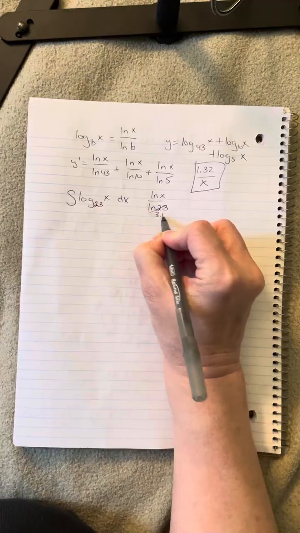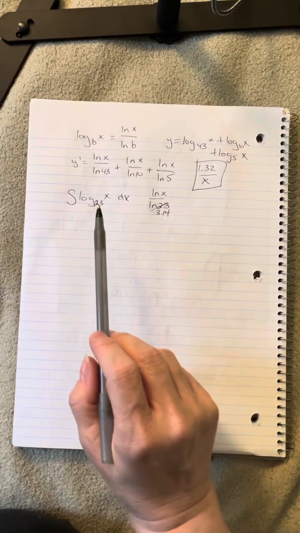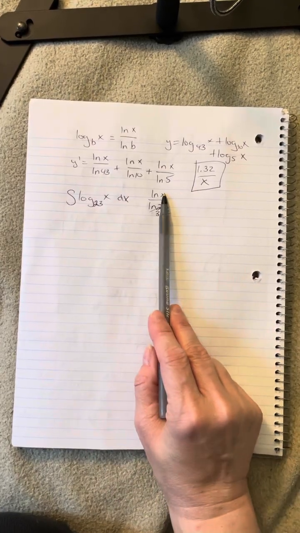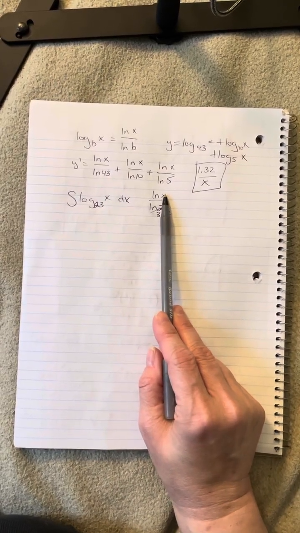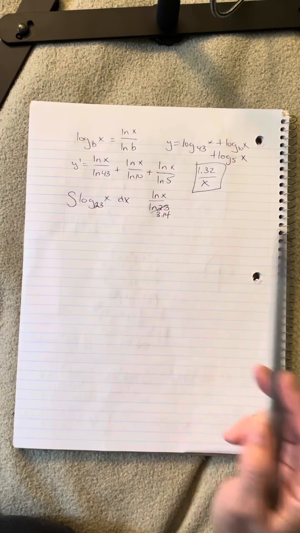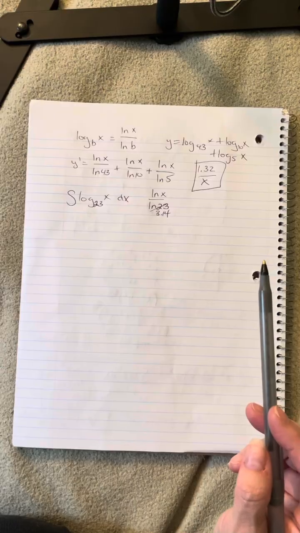And then we're going to find the decimal for the natural log of 23, and that is 3.14. I'll just insert it in here. And then, of course, when you do the natural log of x, you're turning it into 1 over x.